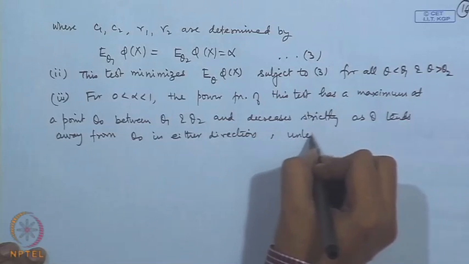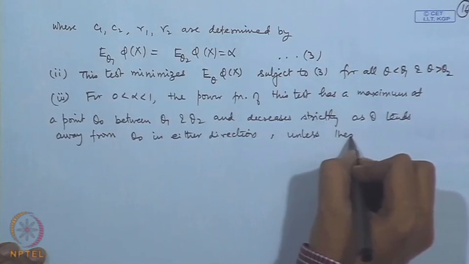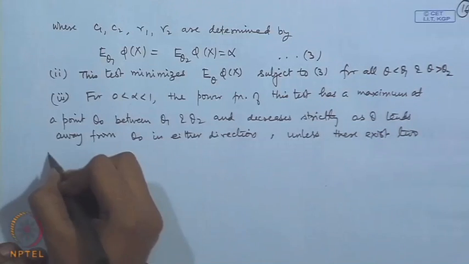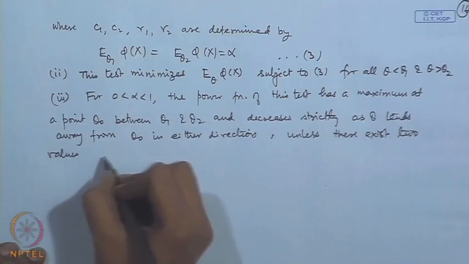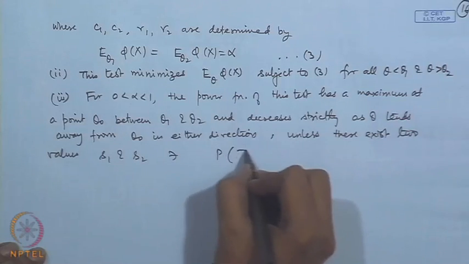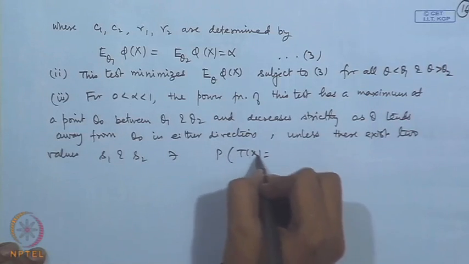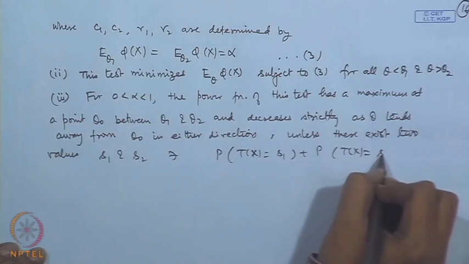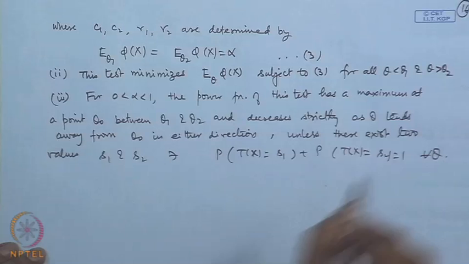Unless, of course, there exist two values, say S 1 and S 2, such that probability of T(x) equal to S 1 plus probability of T(x) equal to S 2 is equal to 1 for all theta.